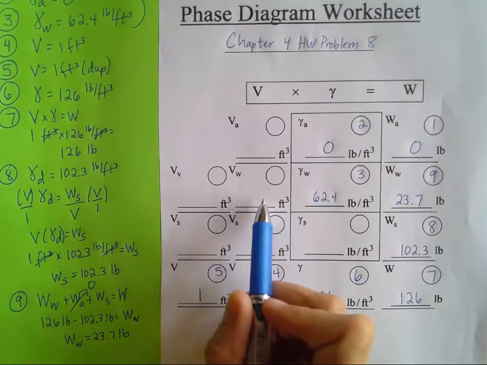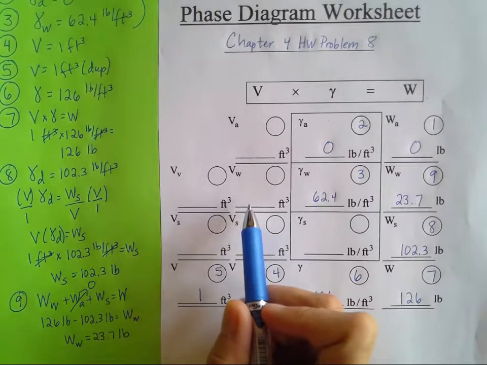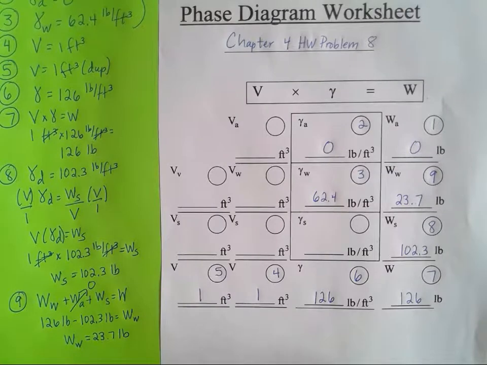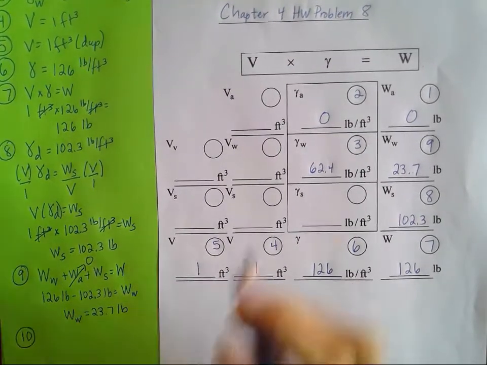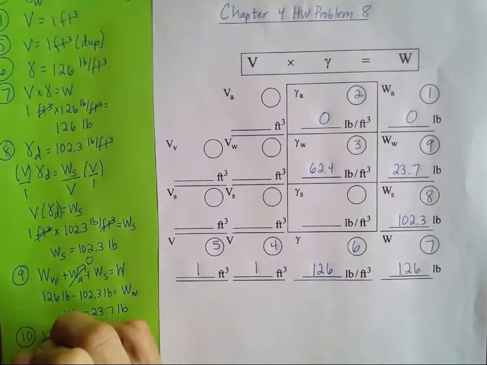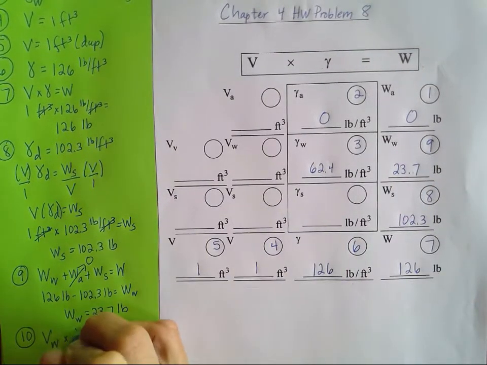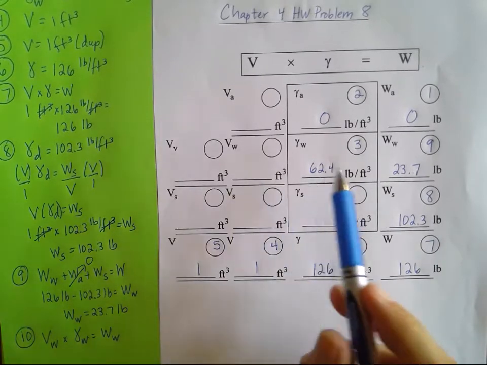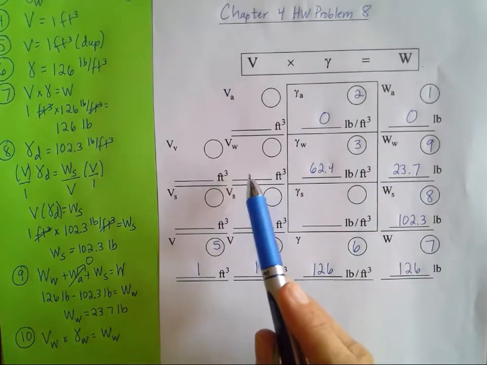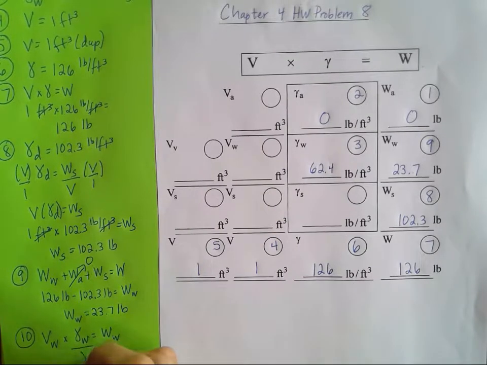Okay, I could find the volume of water without using that saturation information, so I'll do that next for number 10. Because again, going straight across, I know that the volume of water times gamma water is going to equal the weight of the water. In this case, I know gamma and I know W, so I'm looking for V. So I'm going to divide both sides by that unit weight of water.